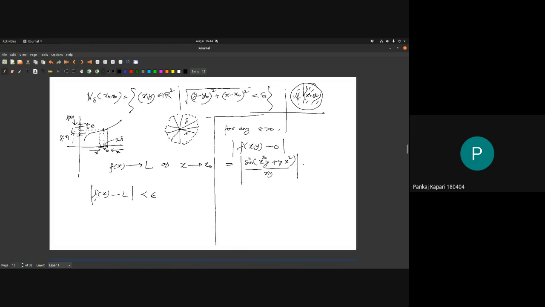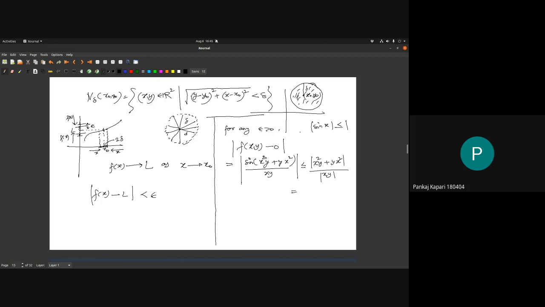Now we know that the modulus of the sine function is always less than or equal to 1. So this is less than or equal to the modulus of x square y plus y x square, divided by the modulus of xy.